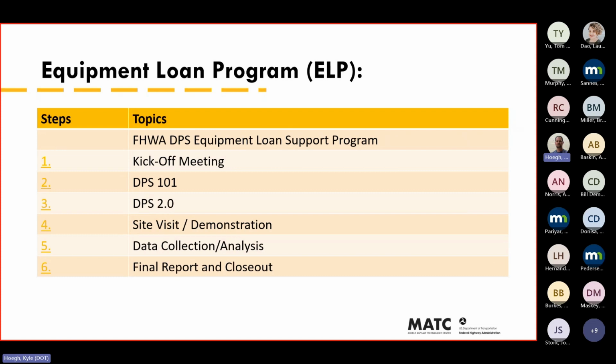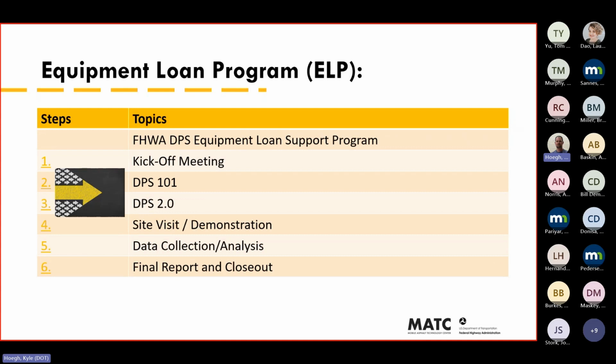They did start after the pandemic, and we call it DPS 101, where we talk a little bit about the background of the DPS and how it works, what it's used for, and how we get to the end result of it. And then the DPS 2.0 is more detailed on the equipment that we're using. That goes hand in hand with the equipment that you'll be receiving, how to put it together, how to take it out, how to care for it, and how to return it.